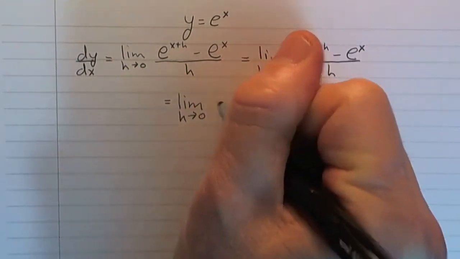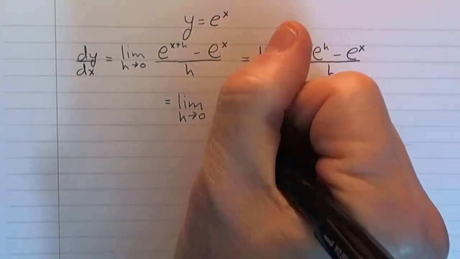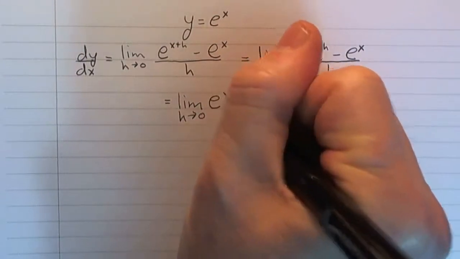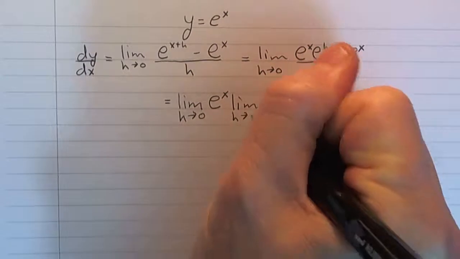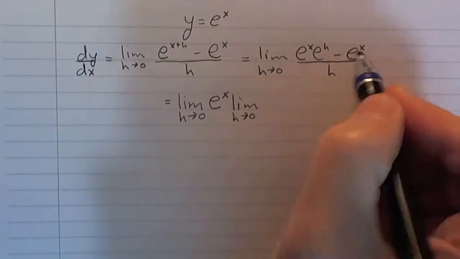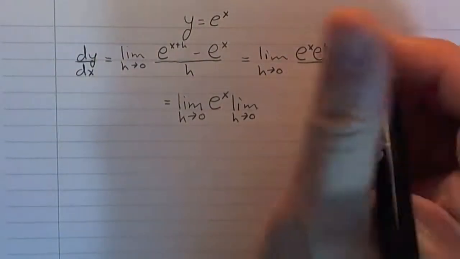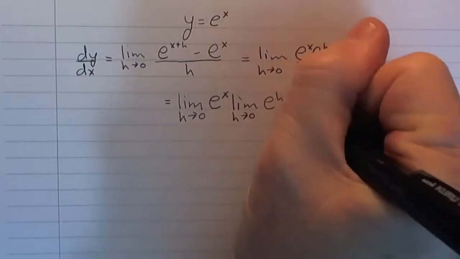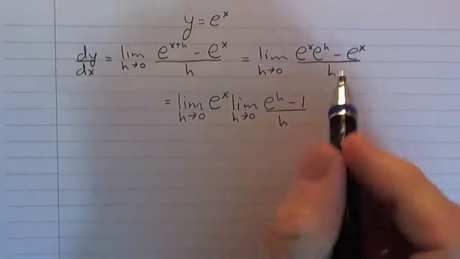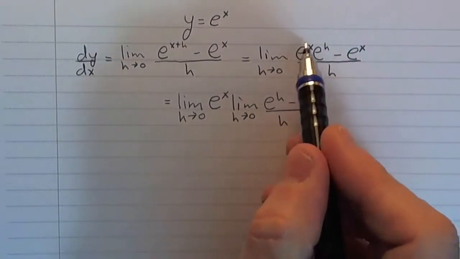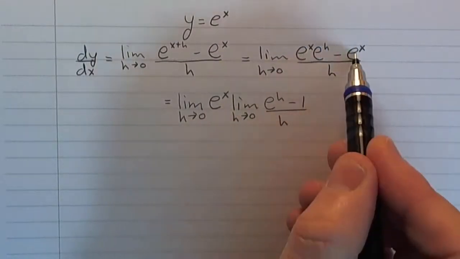And let me go ahead and give it its own limit here. The limit as h goes to 0. So what I've done is I've factored out e to the x. Okay, so I hope everyone sees that clearly. I have the e to the x here, e to the x here.